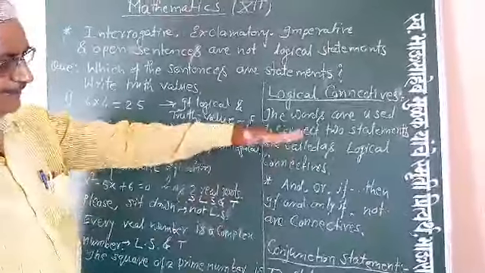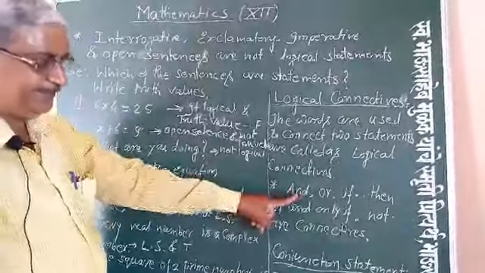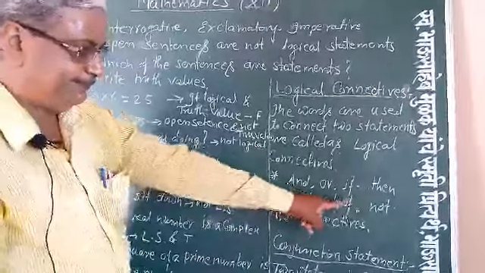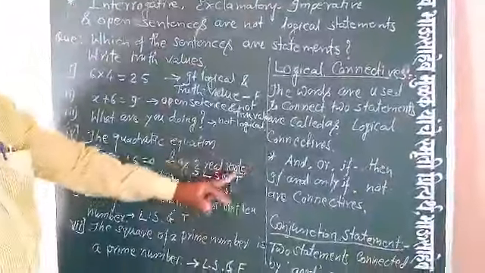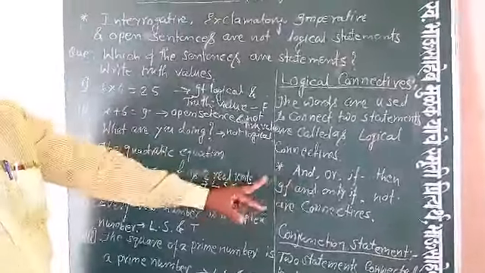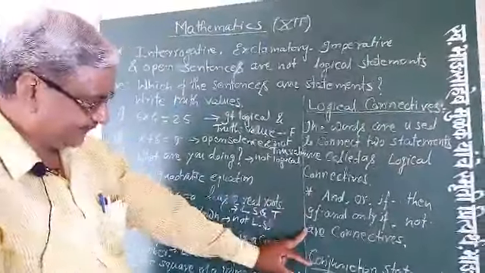So these are very important words: and, or, if then, if and only if, not. These words are called logical connectives that are used to connect two or more logical statements.